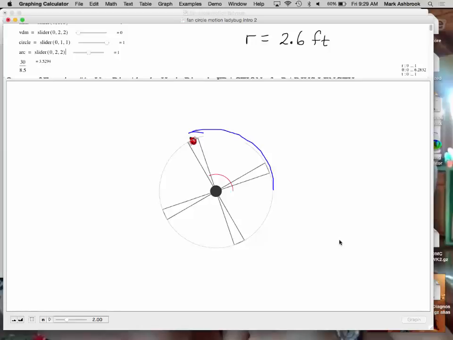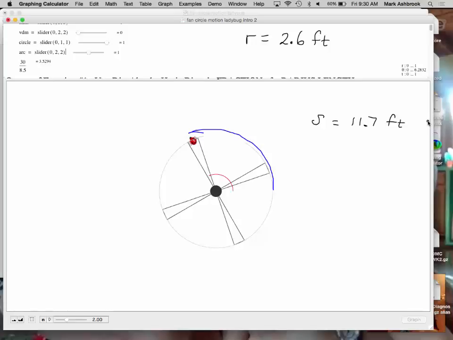Okay, what about 11.7 feet? So S is 11.7, and if we want the angle measure in radians, we really want to know how many radius lengths of arc length the bug went.